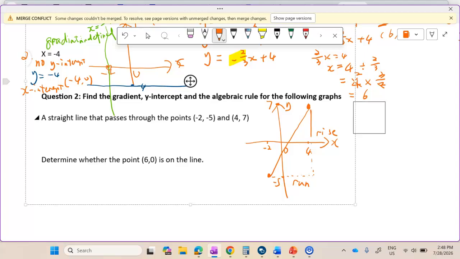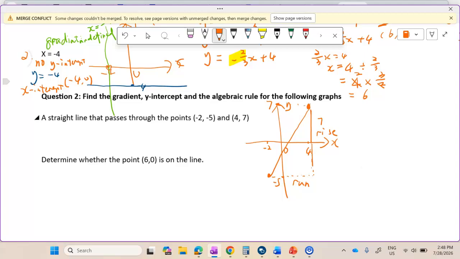Okay, so let's calculate. From here to here, I think it's 7, because this is 7 here. From here to here, I think it's 5. So altogether, the rise should be 5 plus 7 equals 12. And then for the run, this little part is 2.